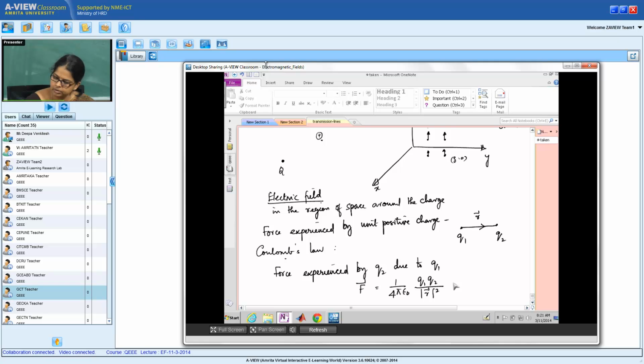This is the magnitude. What's the direction? Along the unit vector along r. That is the direction. So this is the force experienced. This is your Coulomb's law.